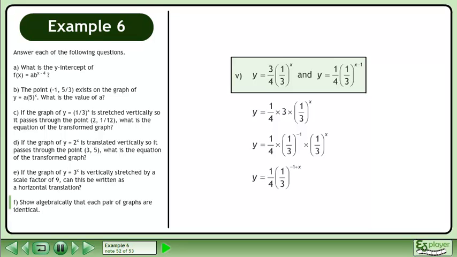Multiply the powers by adding the exponents. This gives us 1 over 4 times 1/3 to the power of negative 1 plus x. Reorder the exponents so x comes first. This gives us 1 over 4 times 1/3 raised to the power of x minus 1, which is the same as the second function.